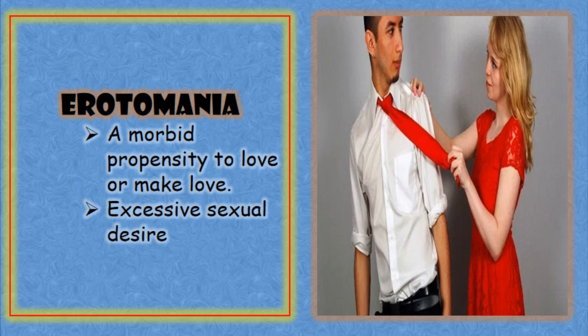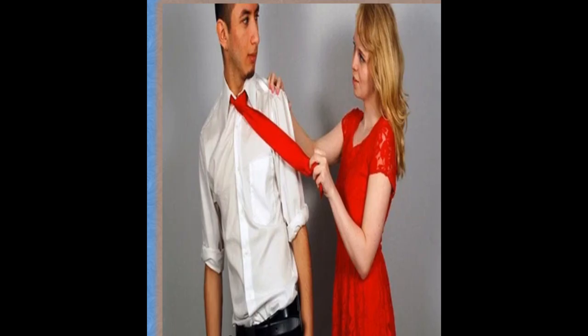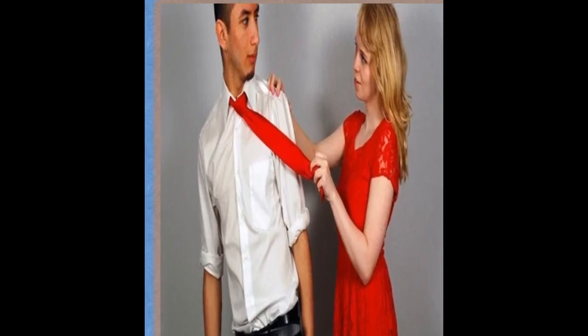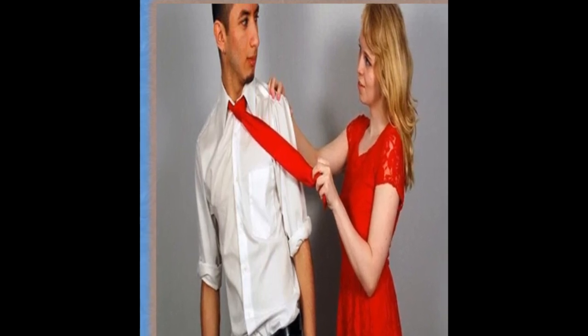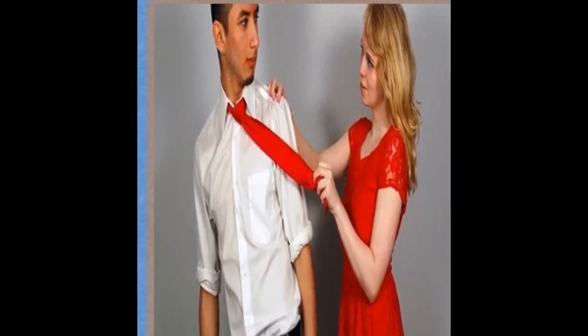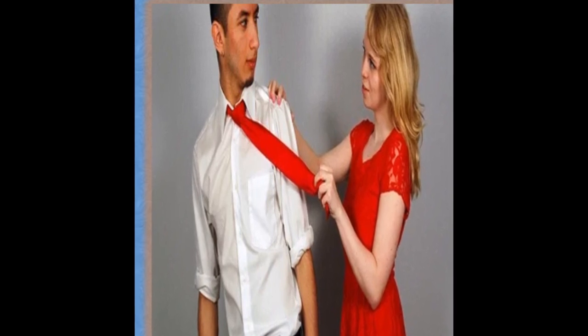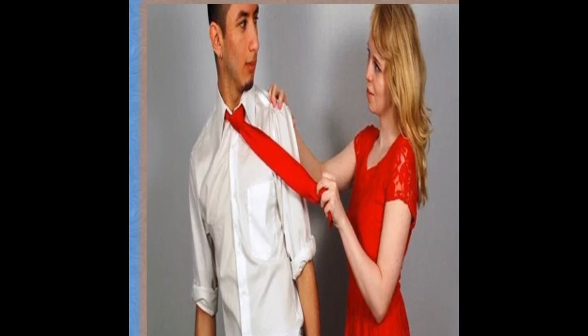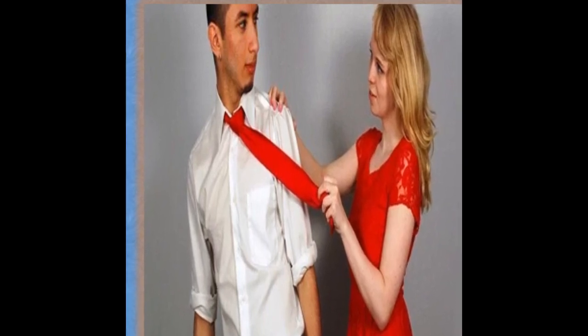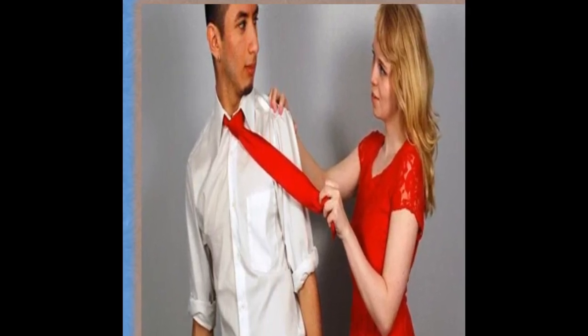Okay, or excessive sexual desire na lang yung gamitin natin. So, those persons are termed as erotomania. That abnormality is termed as erotomania. Okay? So, yan po yung tinutukoy natin dyan na erotomania.